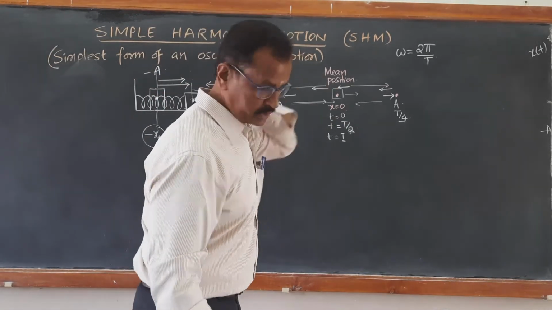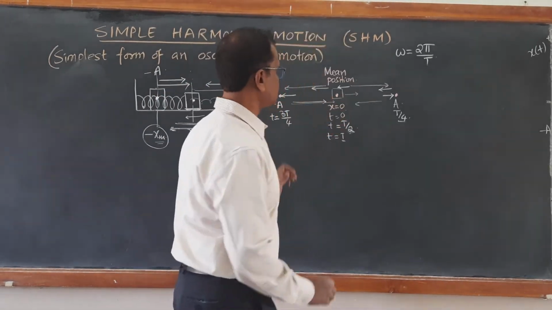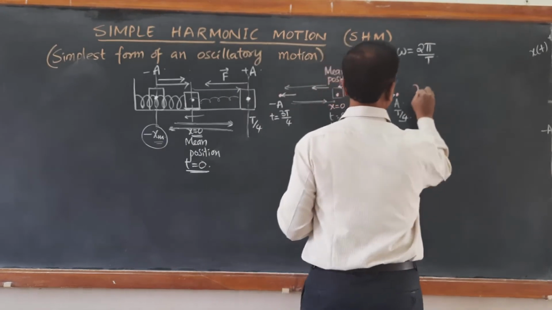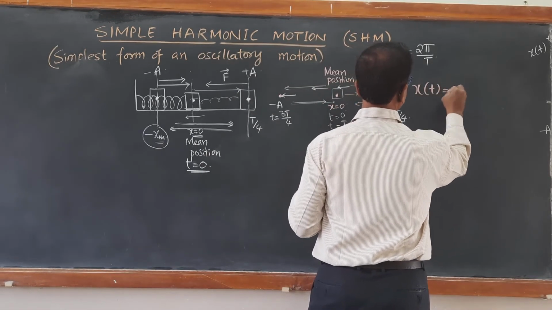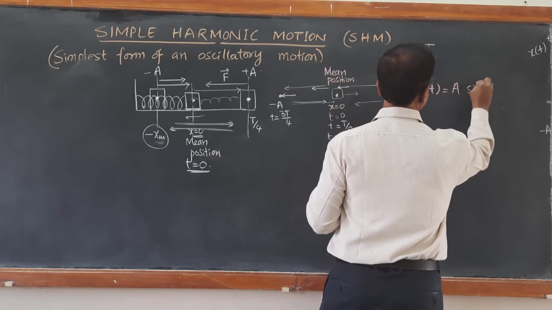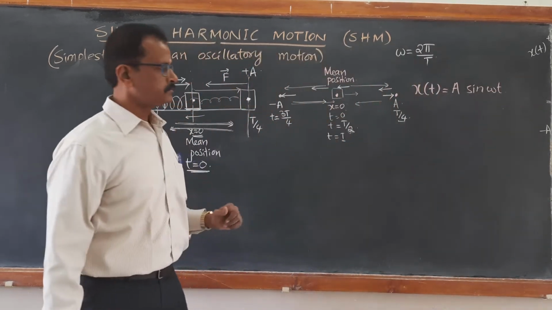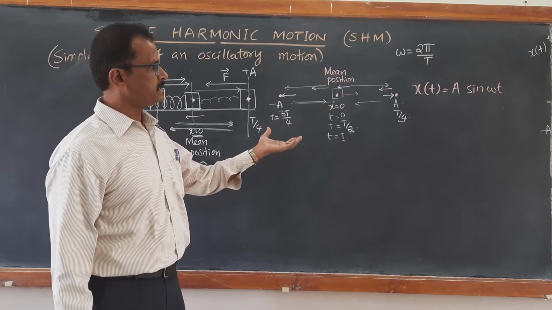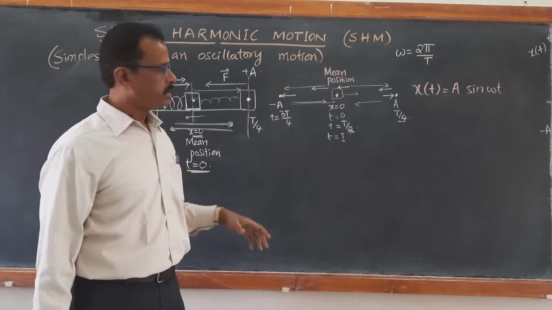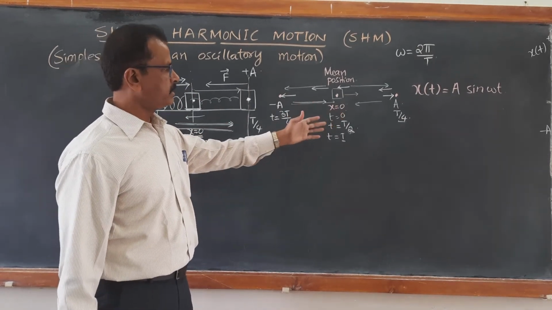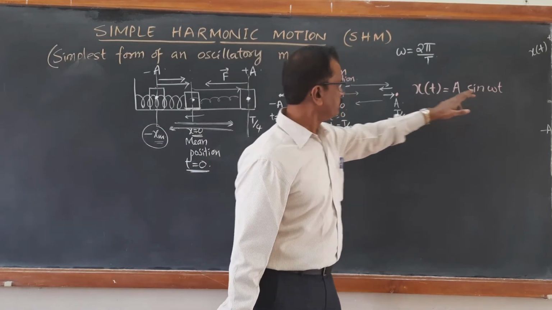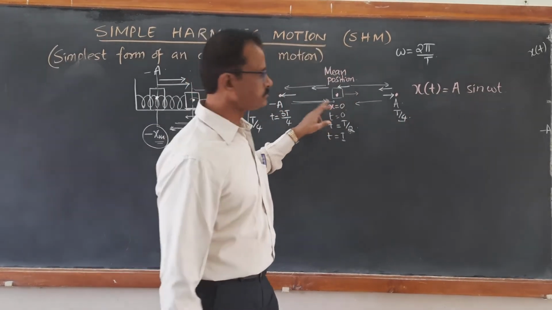For this kind of motion, the equation suitable is the sine function. x as a function of time t is equal to a sin omega t. So a sin omega t represents a sinusoidal wave. If you calculate in the same way, at time t equal to 0, we get a sin 0, which is 0, so x equals 0.